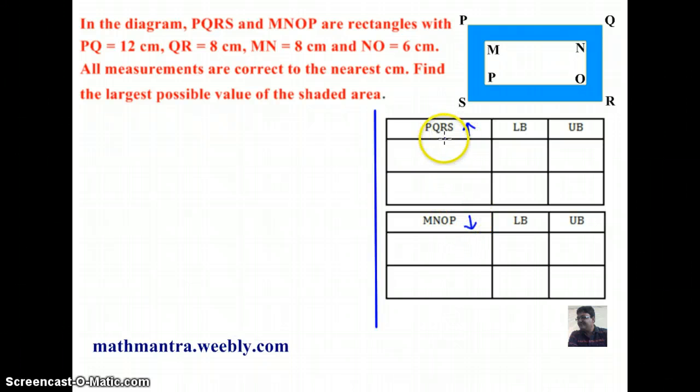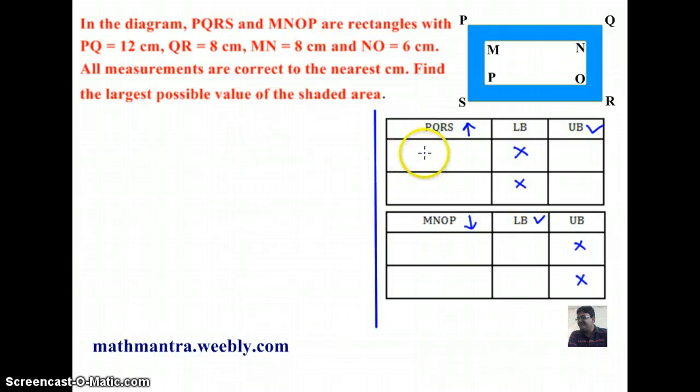For finding out the maximum possible area of PQRS, we will need the upper bounds, and for the minimum possible area of MNOP, we will need the lower bound. So in the first case, we are not going to need the lower bounds, and in the second case, we are not going to need the upper bounds. Now let's start working on each of these rectangles.